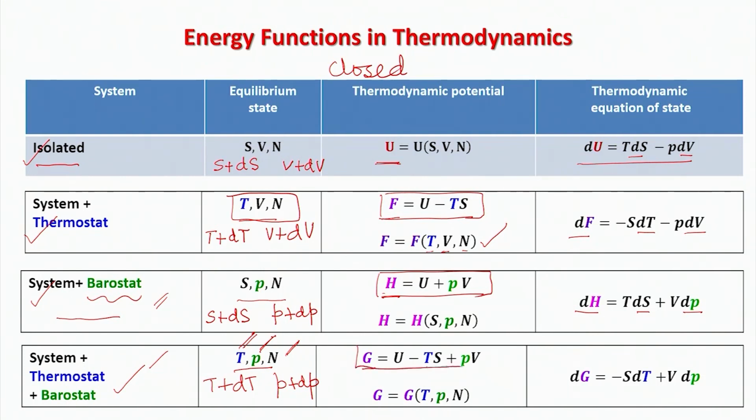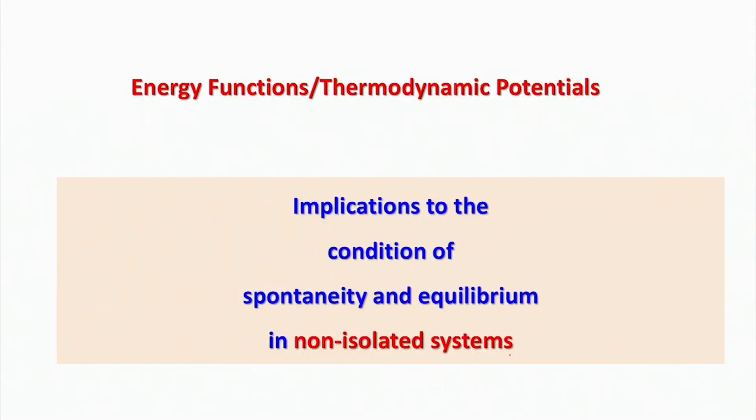When I define the Gibbs free energy G as this, I find that dG depends on dT and dP directly. And therefore, by definition, I would say that under such condition, the thermodynamic potential is nothing but the Gibbs free energy.